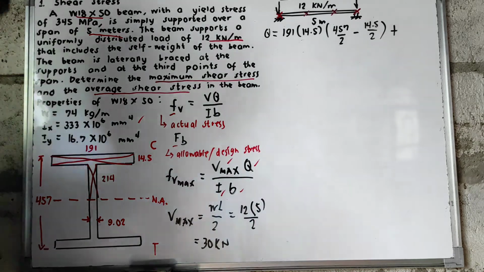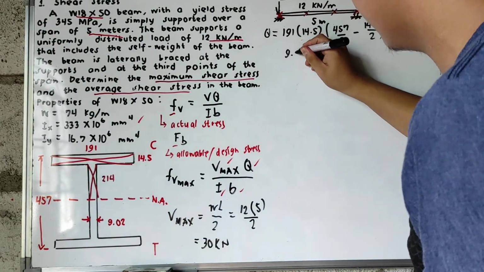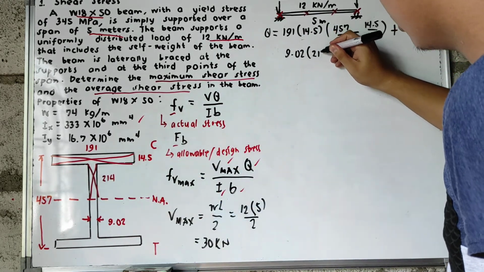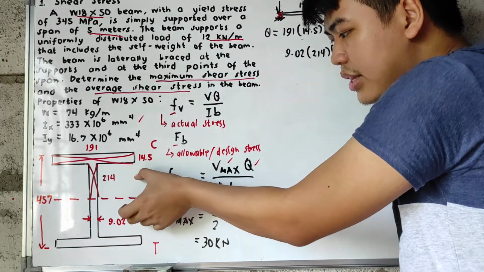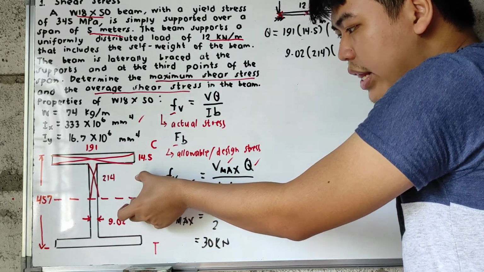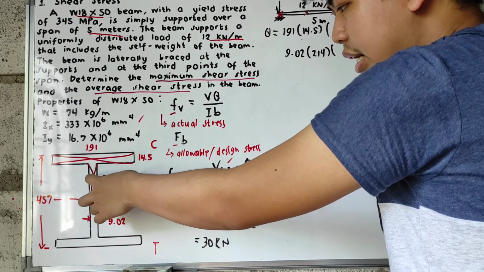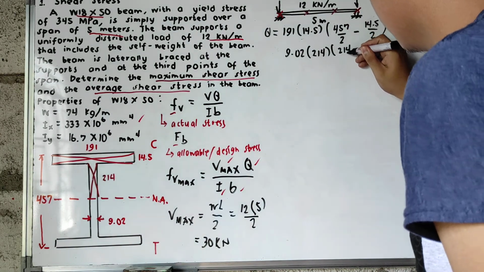Plus, so yung thickness ng web natin, which is equal to 9.02, multiplied by yung height, which is equal to 214, multiplied by, so yung centroid natin dito, so that is 214 divided by 2, yun yung distance ng centroid neto with respect to the neutral axis.